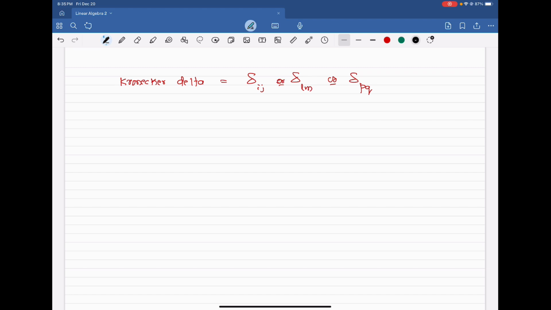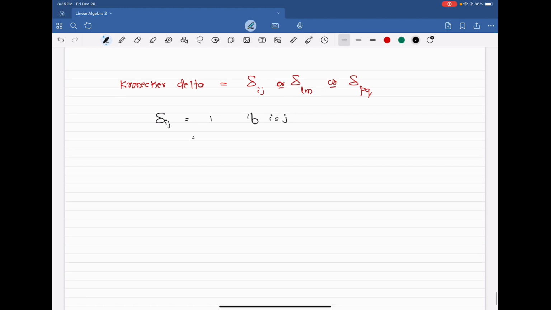Now, what Kronecker delta says, the definition: delta ij is equal to 1 if i is equal to j, and is equal to 0 if i is not equal to j.